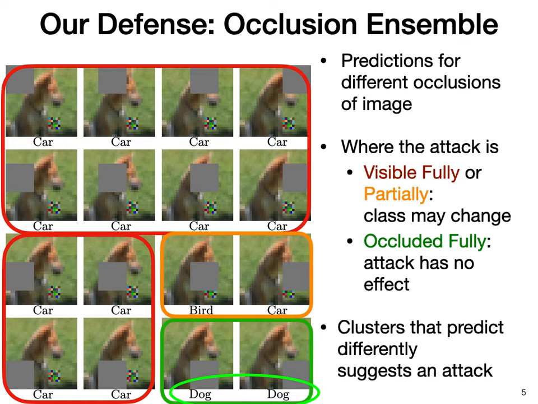There will be several occlusions that completely hide the attack, such as here in the lower right that are predicting dog. Those predictions will be what they would have been if the attack had not occurred. Clusters that predict differently suggest an attack, such as the cluster of predictions for dog in the lower right and the large clusters that predict for cat.